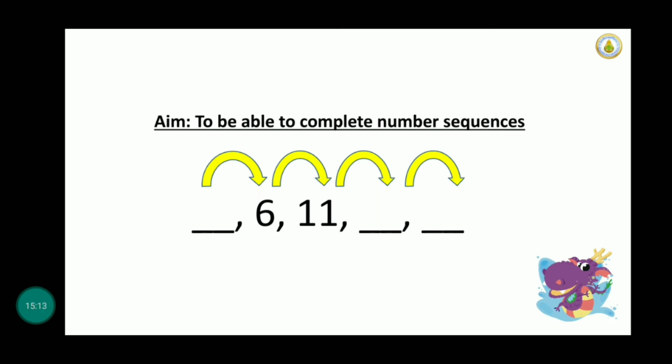Okay, so we have here another example. As you can see, we have 6 and 11. Now, from the 6 to 11, is it increasing or decreasing? Are the number patterns increasing or decreasing? Yes, it is increasing. That is why we're going to add.